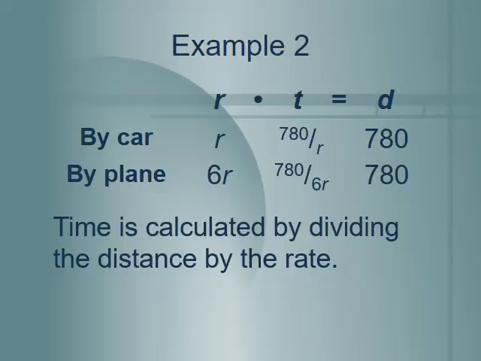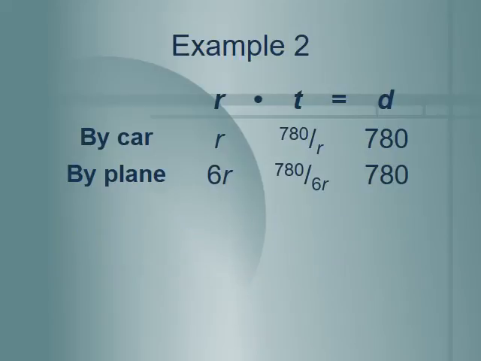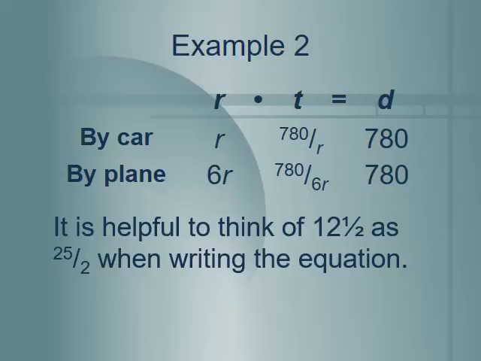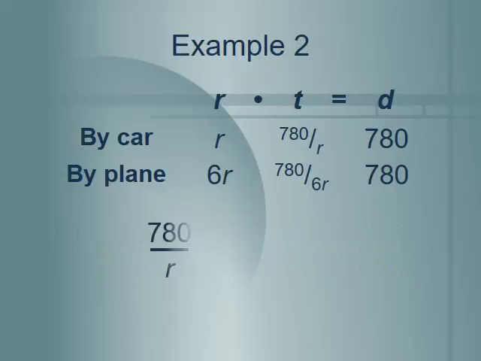So we've plugged this in here, and we're going to think of 12.5 hours as 25 over 2. That is an improper fraction, and that's going to help us just in doing our calculations. It's easier to do improper fractions than mixed numbers.